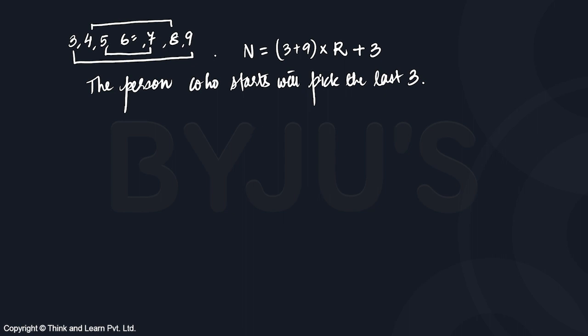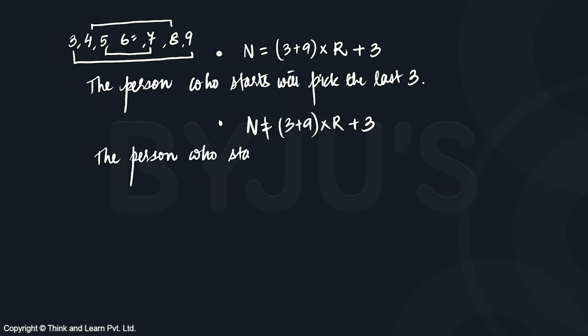Now, if the number of marbles at the beginning is not of the form 3 plus 9 into r plus 3, then the person who starts will not pick the last 3.